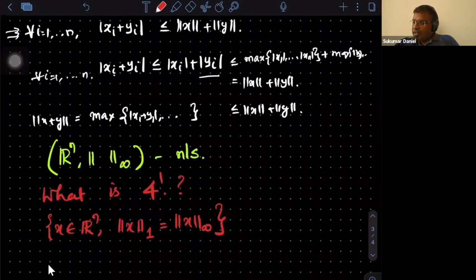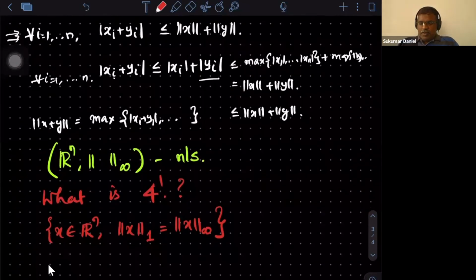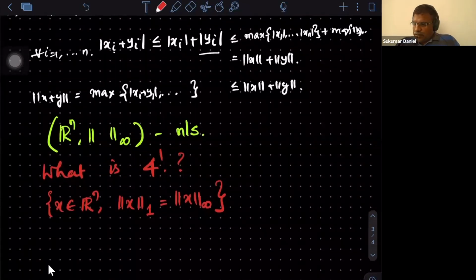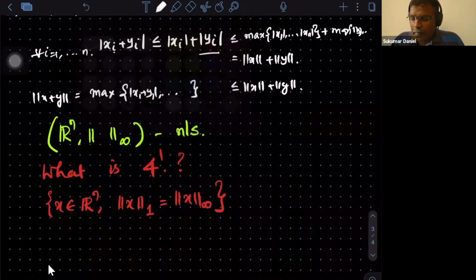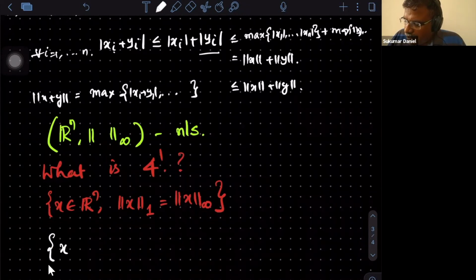Let me also quickly say, since the norm is used, one notation and then we'll stop. This set is something very special: the set of all x in Rn such that the norm of x, one norm, is equal to 1.